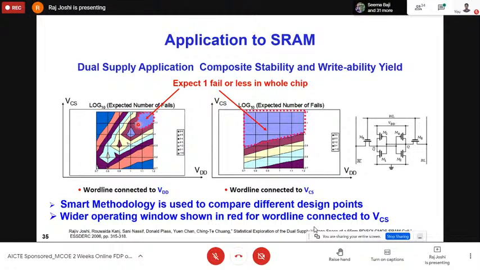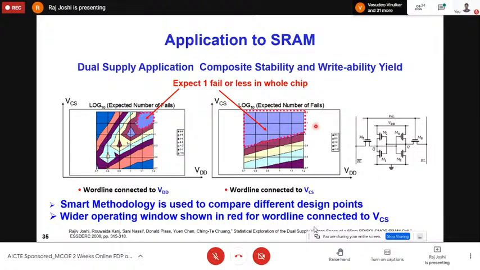But if you connect the word line to VCS, same as your cell, so this is your cell here and this is your word line, and both the supplies are at VCS, you get quite a bit of passing region, as you can see here.